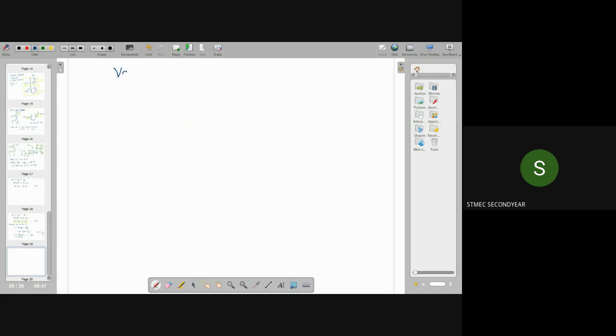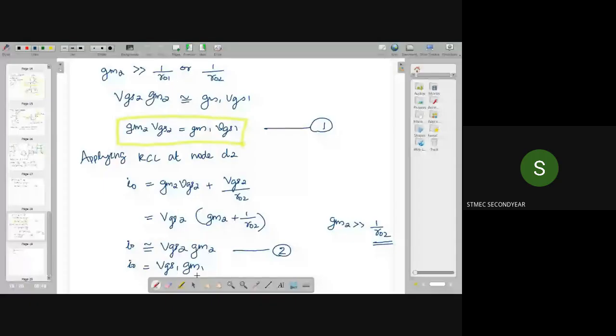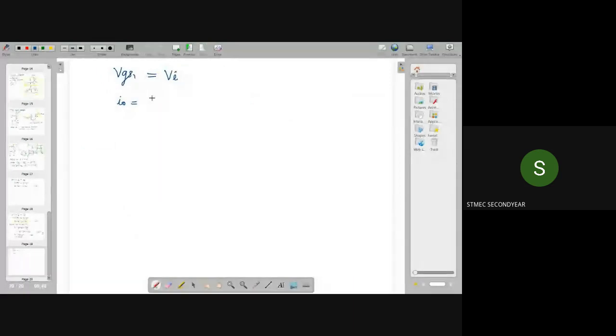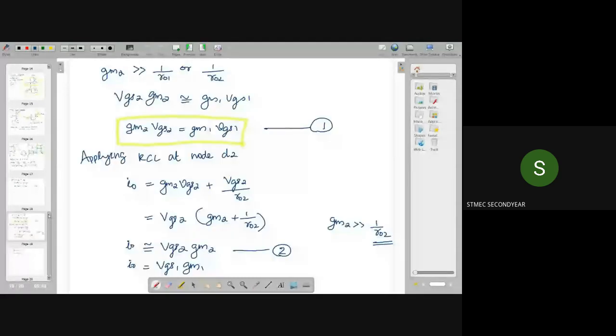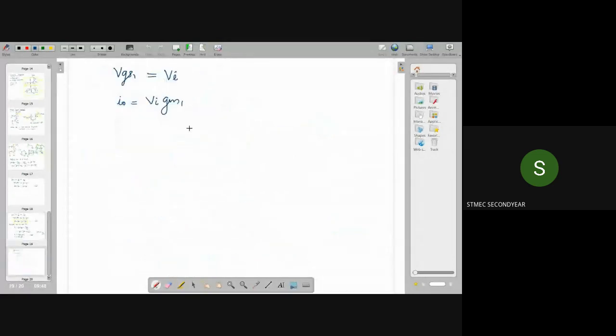Now, our VGS1. From the equation I0 is equal to VGS1 into GM1, instead of VGS1 we can write Vi into GM1, since VGS1 is equal to our Vi.